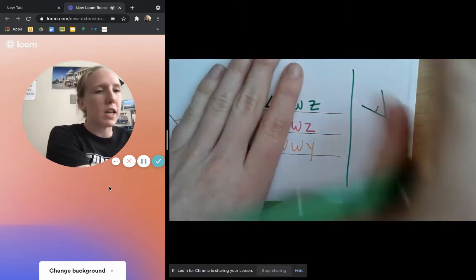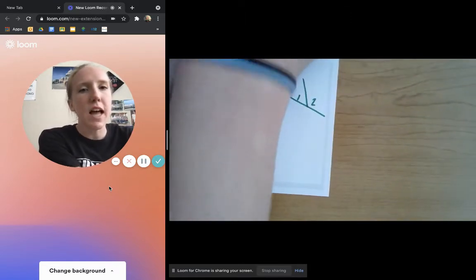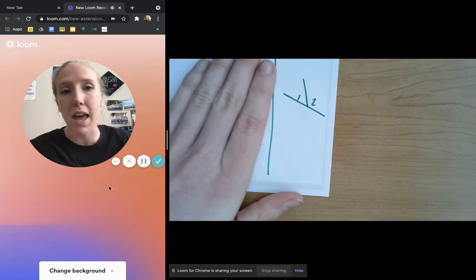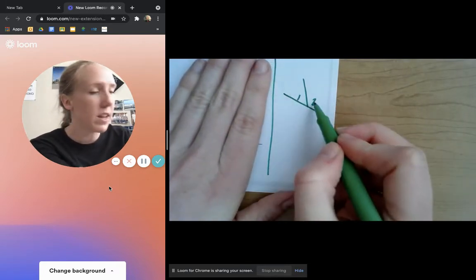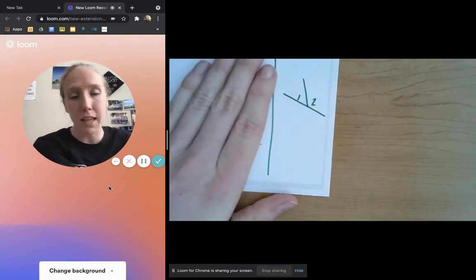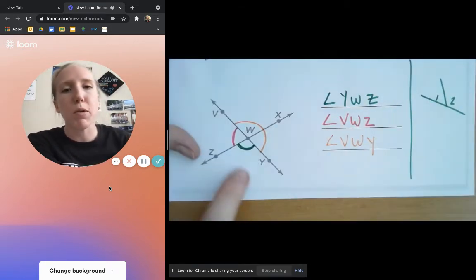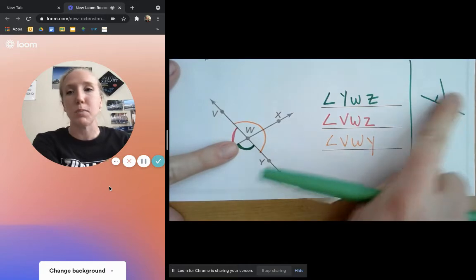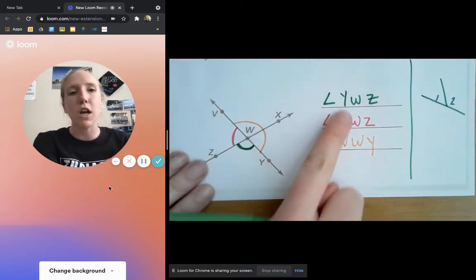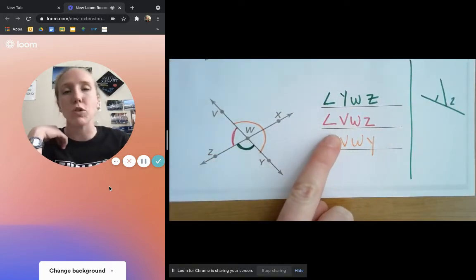Sometimes you'll have an image like this, and instead of using letters and points to name the angle, you'll just be able to say this is angle 1 and this is angle 2. If that's the case, awesome. But if there's a lot more going on and they're naming it with points and there are more angles than can just be labeled like this, then we have to know how to name the angles with the letters.